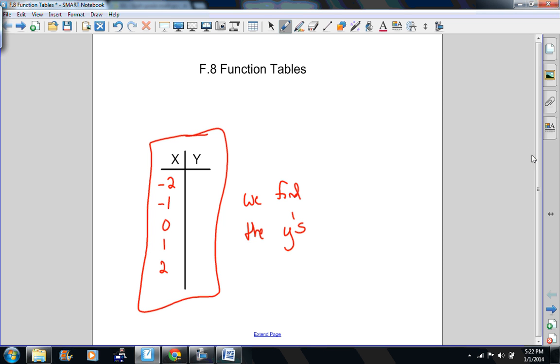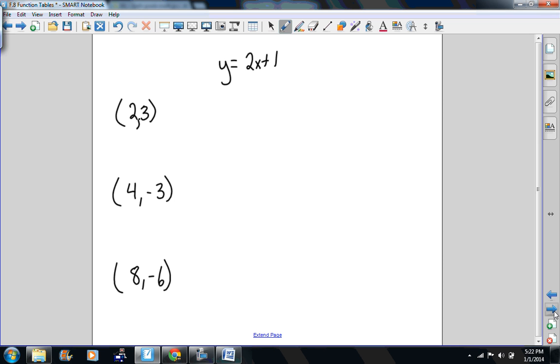Okay? So the first thing we have to do is we're given this equation, and then each of these ordered pairs is a separate problem. And the question is, is the ordered pair on the line?